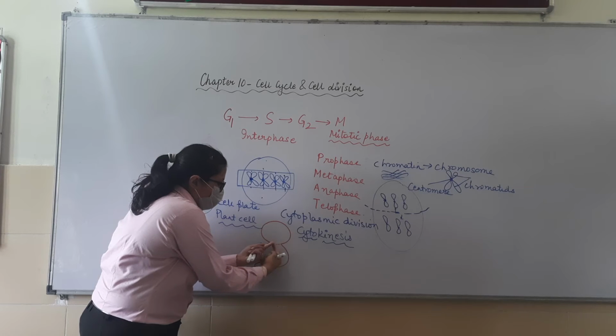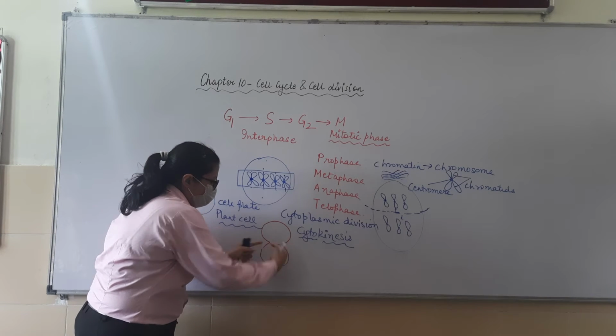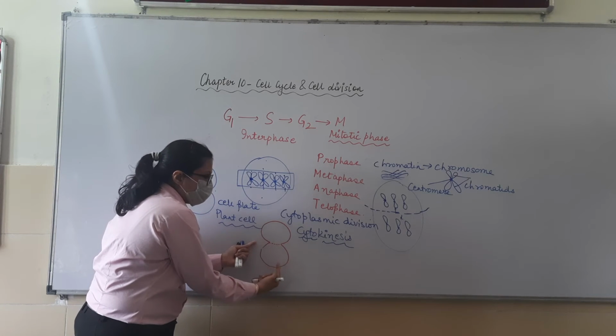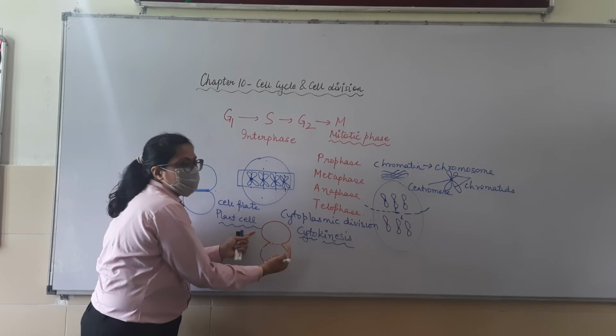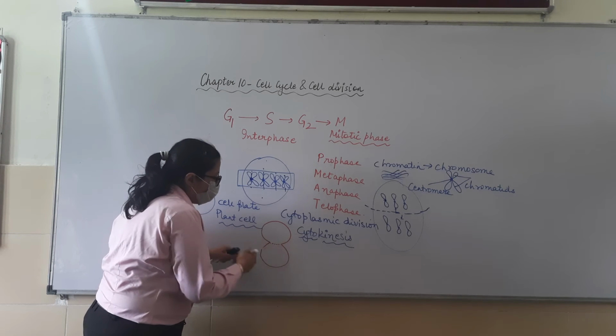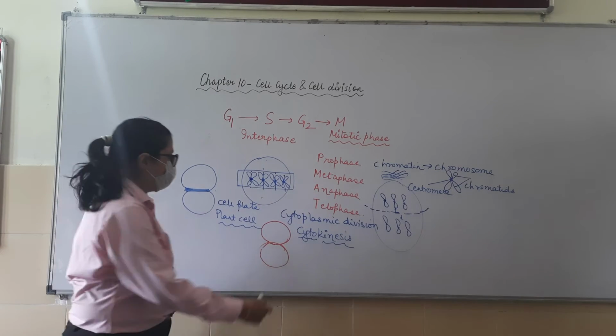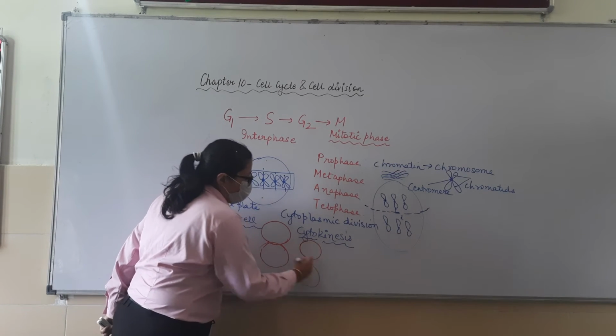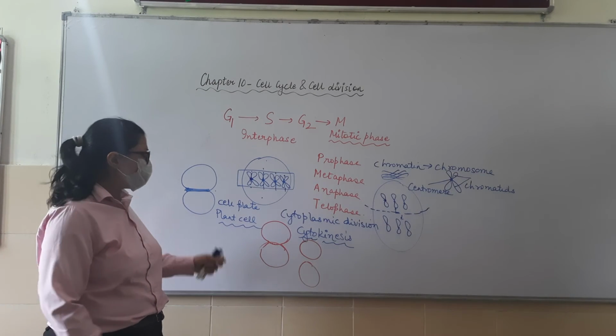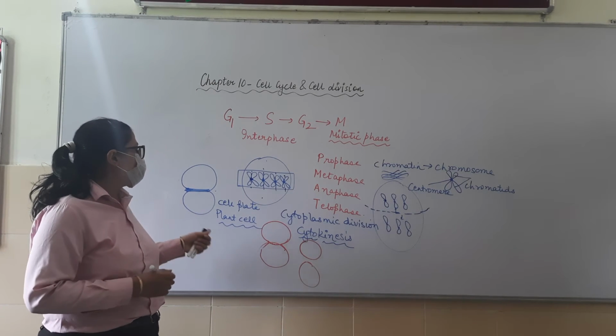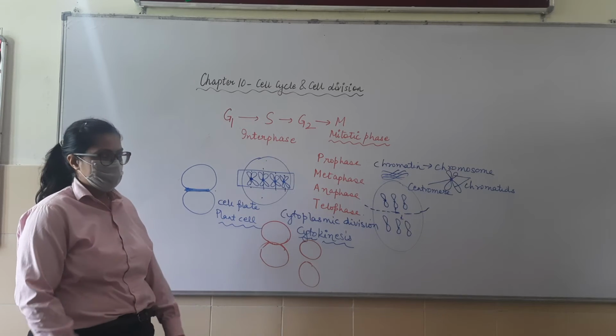Like this, an invagination will happen and a furrow will be formed. Then it will be divided into two cells and segregated in the form of daughter cells. So this is the difference in cytokinesis of plant cell and animal cell.